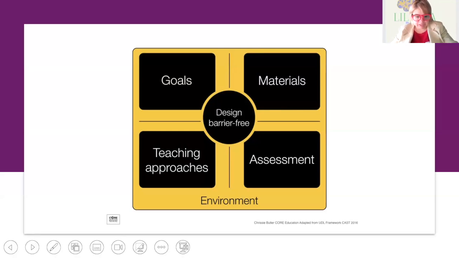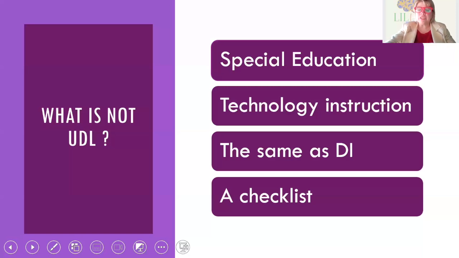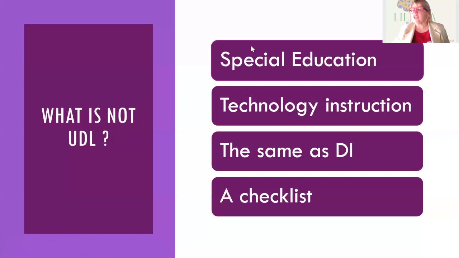Okay, let's see a bit about the other one. What is not UDL? And then we can come back if you want to. UDL is not special education. It's not technology instruction, and it's not the same as differentiated instruction. And it's not a checklist. So it's very important about this.